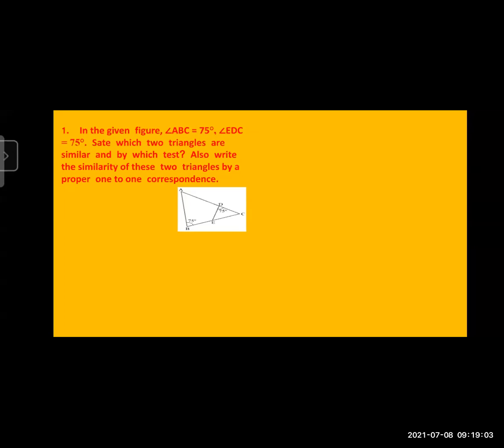So see in the first question, first we see A, B, C and D, E, C. There are two triangles. Now write, given angle ABC is equal to 75 degrees and EDC equal to 75 degrees. See here, B is 75 and D is 75. That's why we write ABC 75 and EDC 75. Now second, we consider these two triangles, ABC and EDC.